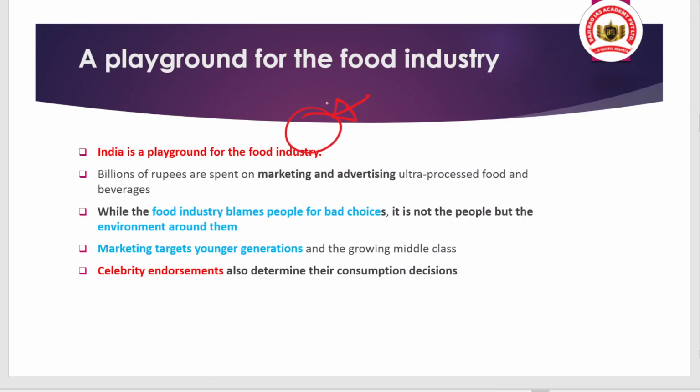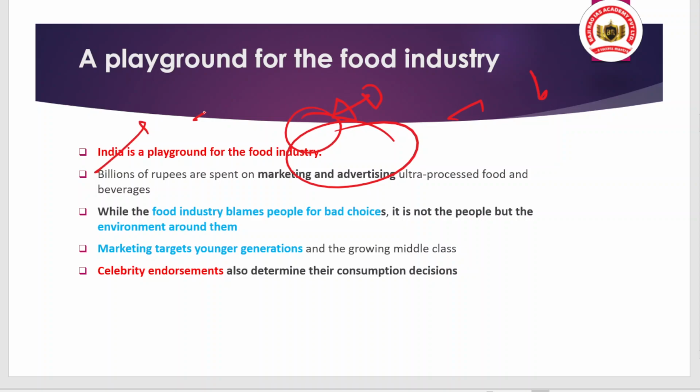Earlier they dominated the European countries, but due to increased awareness along with decreased consumption there, they are now coming to developing countries like India, and now our adults are getting addicted to this type of fast food. For this, billions are spent on marketing and advertising by the food processing manufacturers. That's why you see various advertisements of these products on television and the internet.